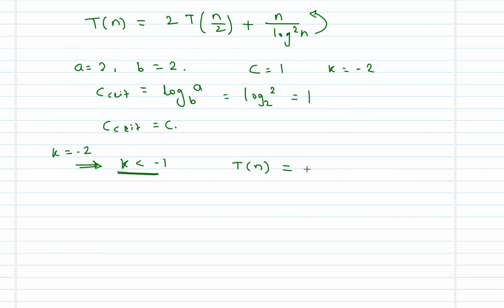So now we have theta of n to the power C critical, and you can see that it is theta of n because C critical equal to 1. Instead, if I had another possibility, where the 2 is 4 and I make it n square, then this could be theta of n square if I had done these two changes.